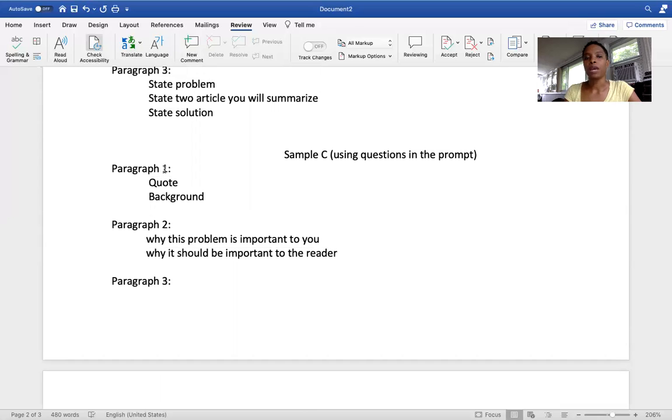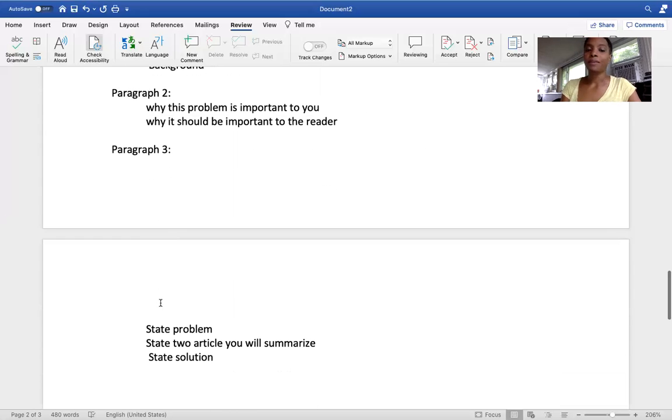My first paragraph, I'm going to begin with a quote, and then some background information. And then my paragraph 2: why is this a problem to me? Why is this problem important? And why should it be a problem for the reader or for the larger audience? And then paragraph 3, again, states the problem, states the 2 articles that you'll summarize briefly, not in detail, because you do that next week, and then you state the solution.